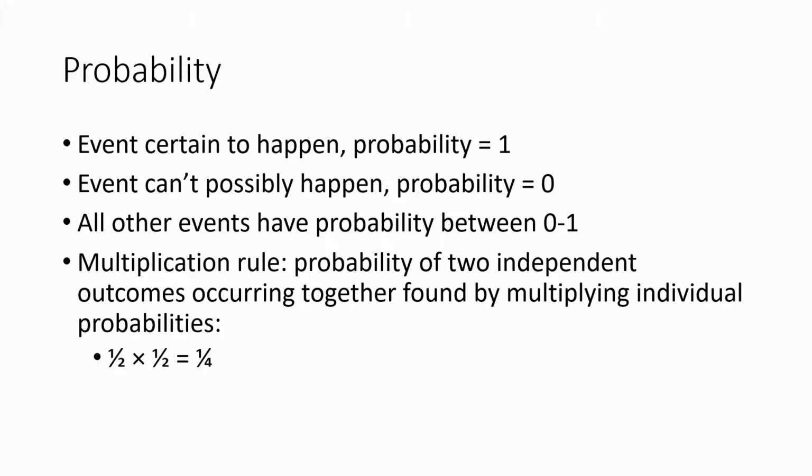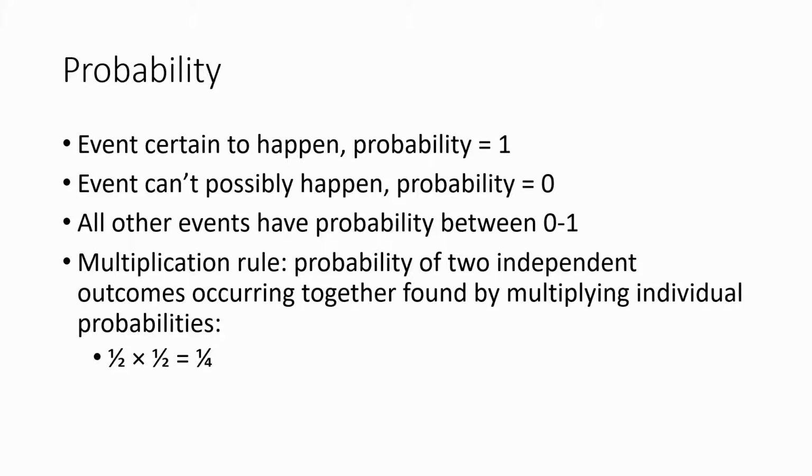An event that is absolutely certain to happen has a probability of 1. So unless weird catastrophic stuff happens, the probability of the sun going down in the evening and rising in the morning is 1. Events that can't possibly happen have a probability of 0.